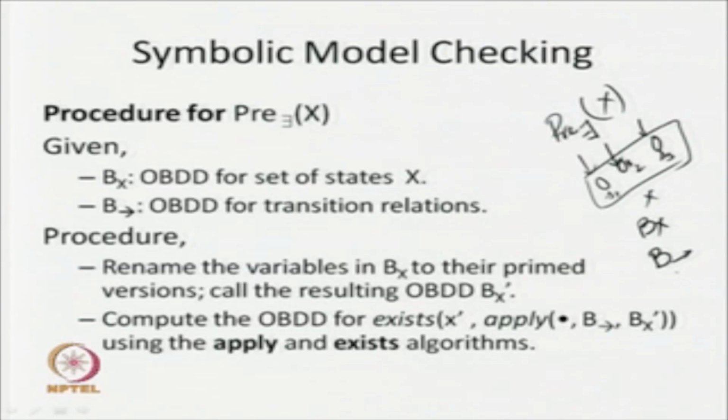Now, one basic requirement is there for B X and B arrow. Since we are going to use some operation on these two BDDs, they must have a computable variable ordering, which we have already discussed.